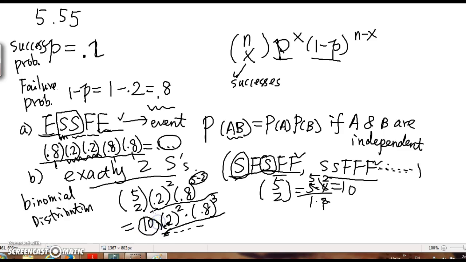Why do we multiply by 10? Because in this case, we don't care about who says success, who says failure. So you will have 10 different ways to have the 2 successes. For each of them, you get a probability, but you should always get the same answer. And so that's why we multiply by 10 to get the answer.